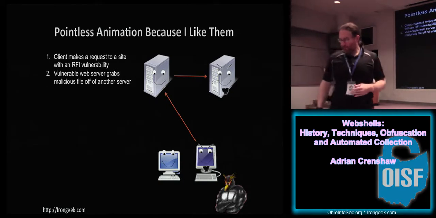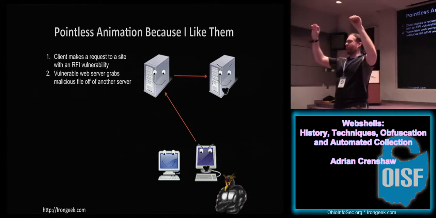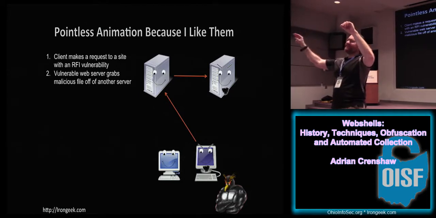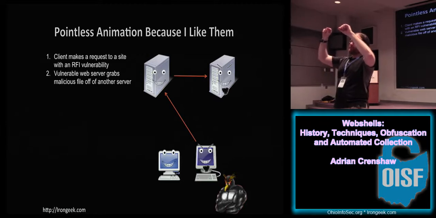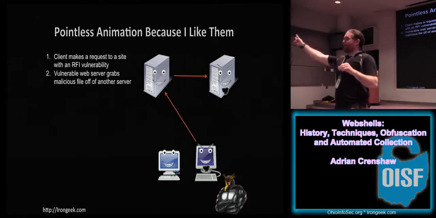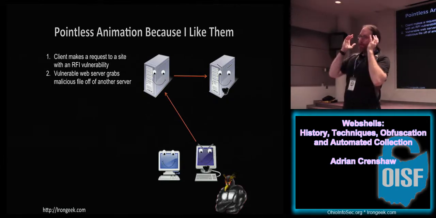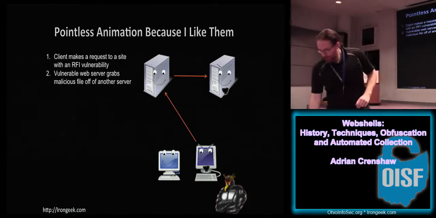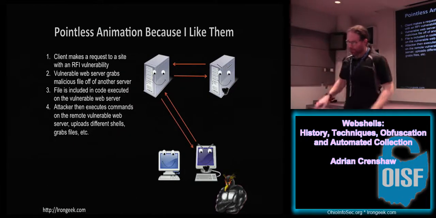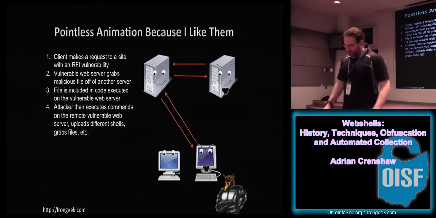And what that request will have in it is something like, let's say it was my site, instead of having page equals security slash some security article, they'll put in page equals http://mySite.com/myMalware.txt. What happened there is PHP will suck that in and actually execute the code. And at that point, the evil attacker can then send whatever commands they want.